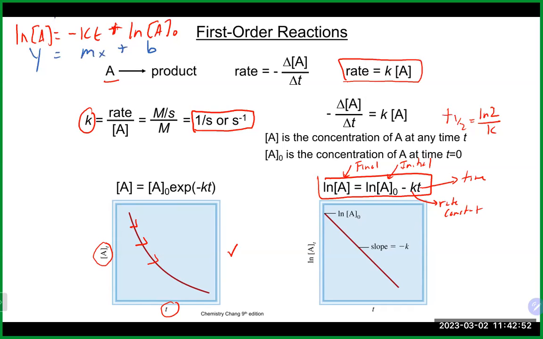That means that on the y-axis here, we are going to graph the natural log of A, and on the x, we are going to have time. And that will give you a linear relationship when you go to graph it, a straight line where the slope of that line is equal to minus k.